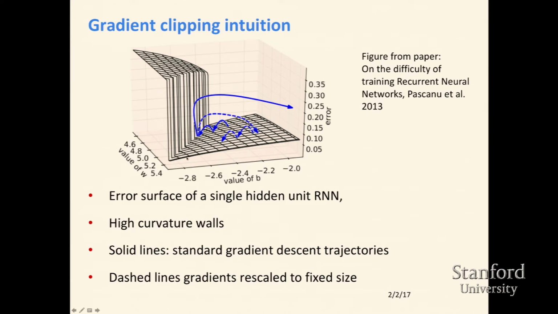So intuitively, if you rescale to a fixed size with this threshold method, then you're not going to jump to some crazy far away place, but you're just going to stay in the general area that seemed useful before you hit that curvature wall.